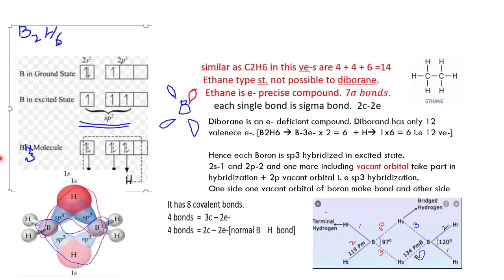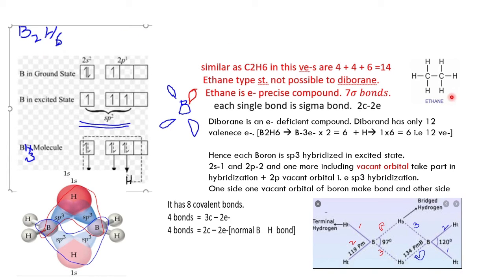Then the structure of diborane, whose formula is B2H6. We may tend to compare this with ethane, C2H6, but ethane is not an electron deficient compound.